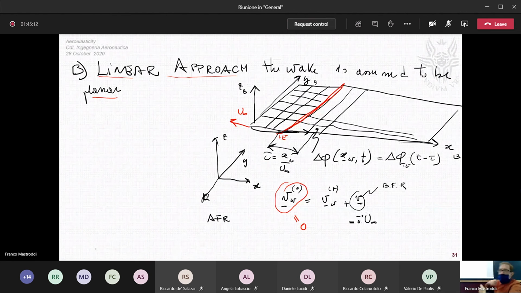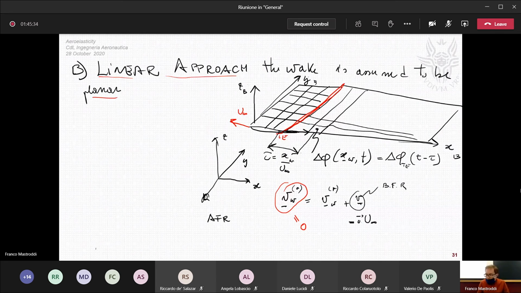This is an approximation of the linear approach. Probably, if you see the delta phi in the absolute frame of reference, you should see something moving, but a very small quantity with respect to u infinite.